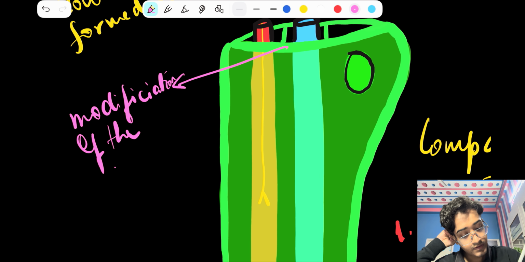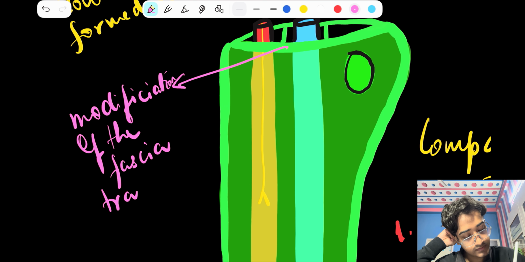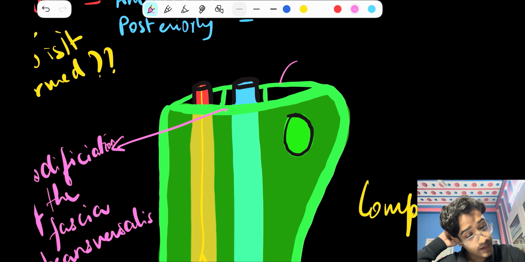And behind, it is the modification of the iliac fascia.